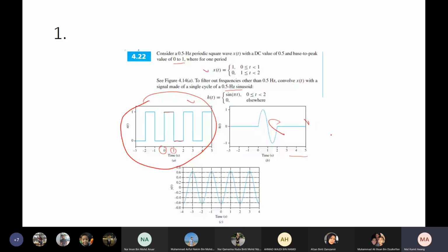So what is the convolution formula? The integration from minus infinity to infinity of x of tau h of t minus tau d tau, right? This is the general formula.